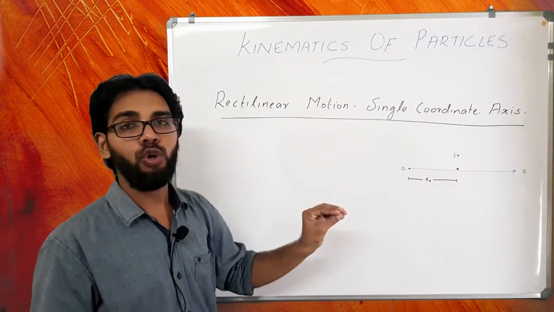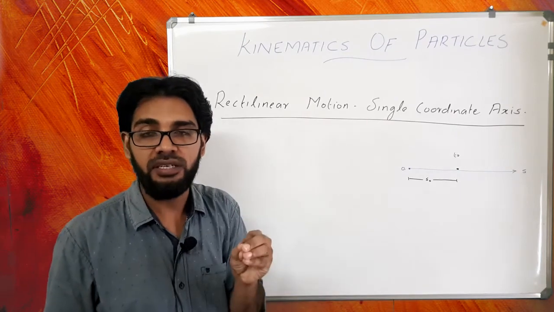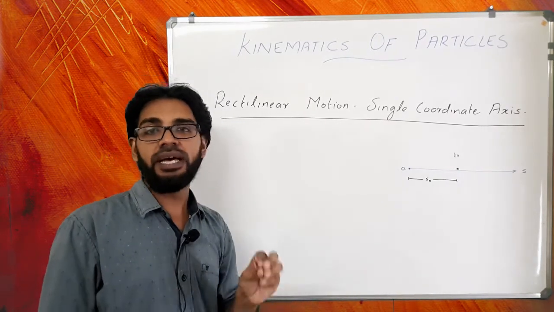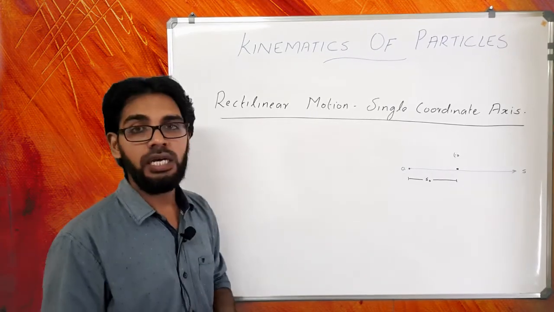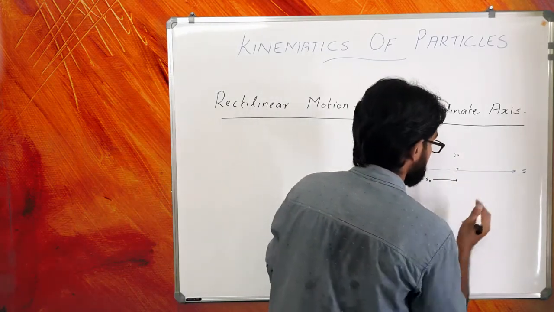So, even though position, velocity and acceleration are vectors having both magnitude and direction, we will be describing them as simple scalars.